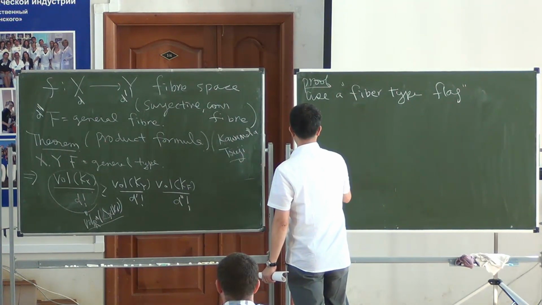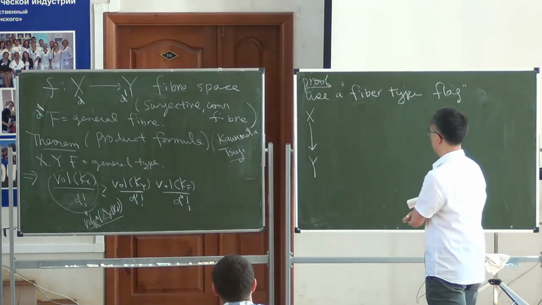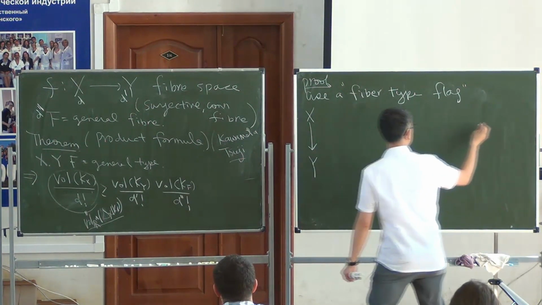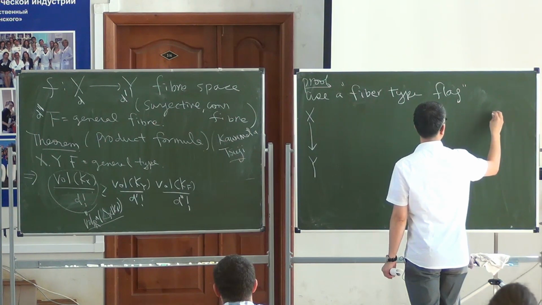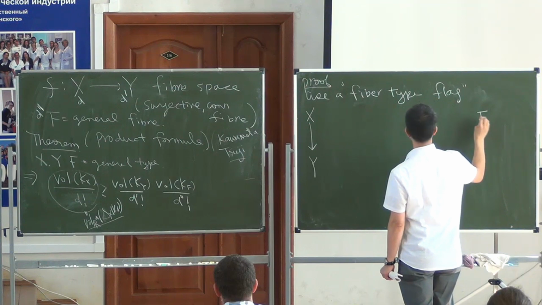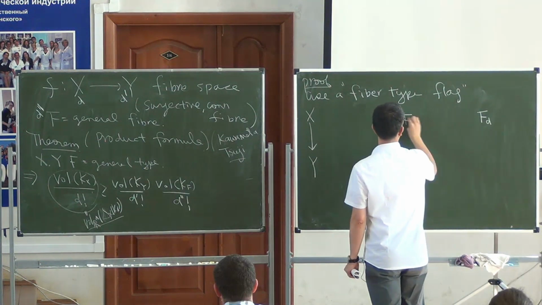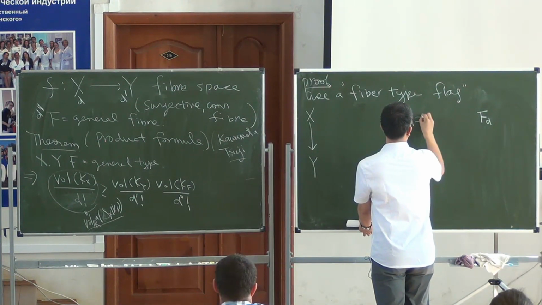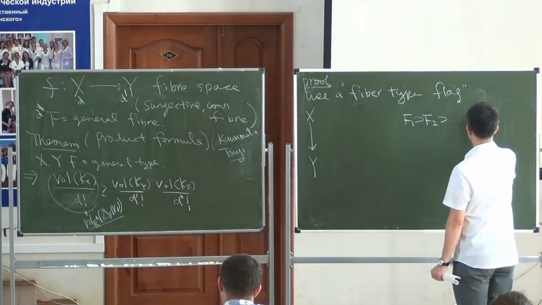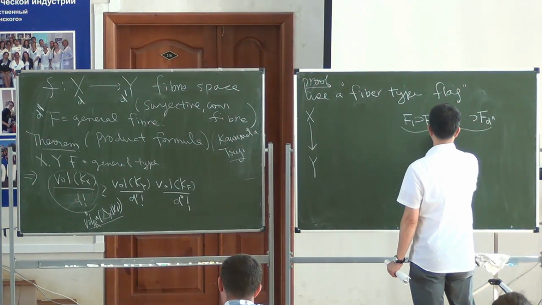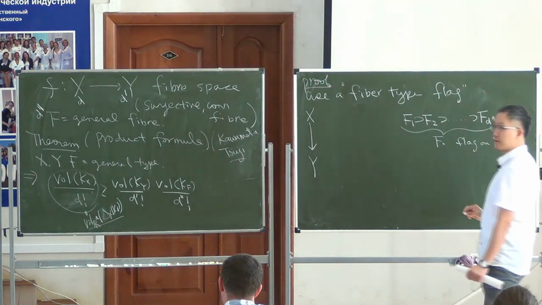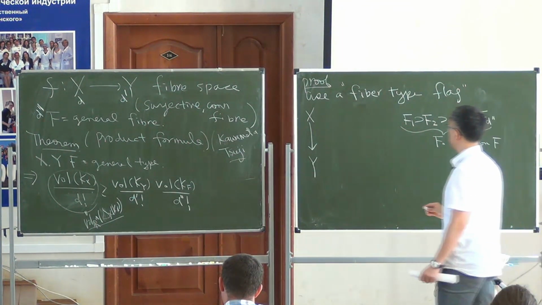You have a fibration from X to Y, and you have a flag F1, F2, up to FD on F. You first find this flag, and you complete it.